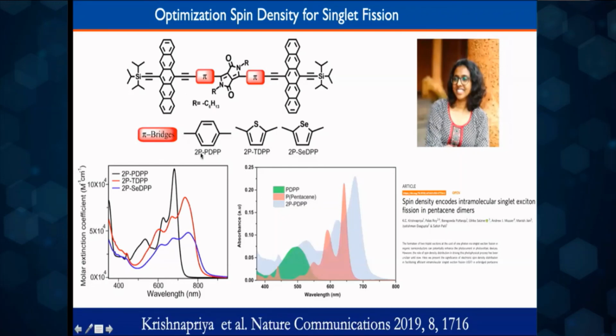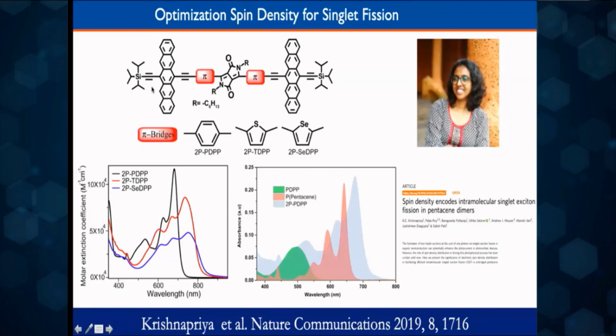Phenyl is a pi bridge where you have poor electronic coupling because of the torsional rotation, so your spin densities are localized on pentacene. When you use thiophene and selenophene, it's rather planar, so we have delocalized wave functions across the chromophore, and there is no torsional disorder.